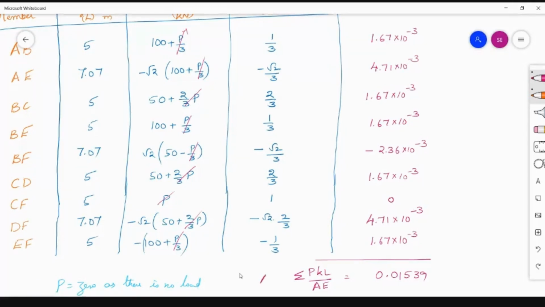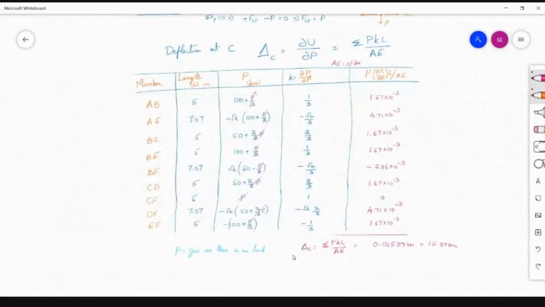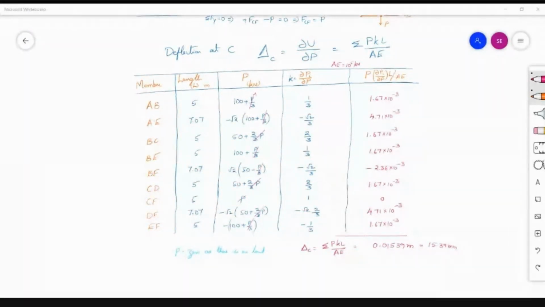And finally, this is nothing but delta C only. This is in terms of meters. The answer is to be obtained in terms of mm, so multiplied with 1000. So 15.39 mm is the deflection at C due to the external load acting at B. If this is completed, please let me know. We can go to the next problem.